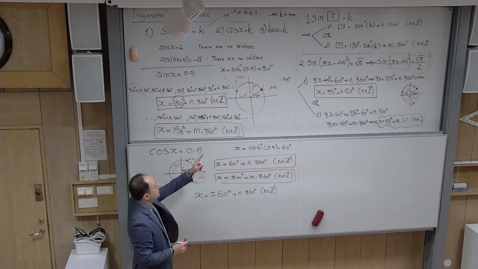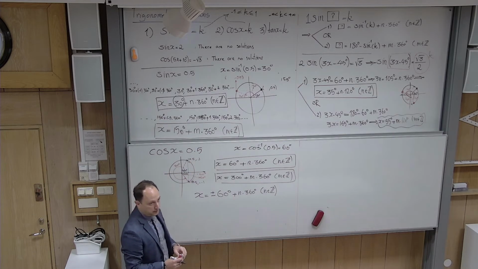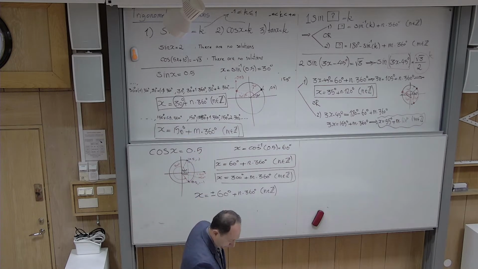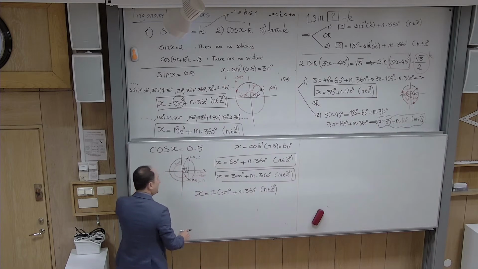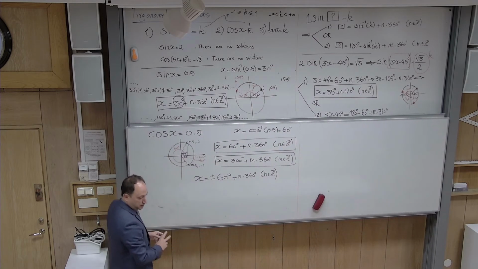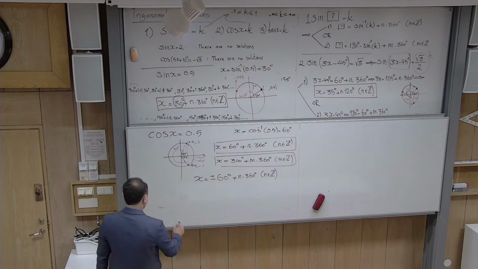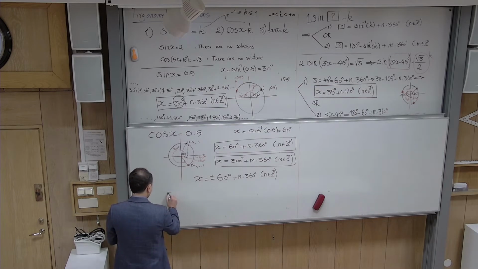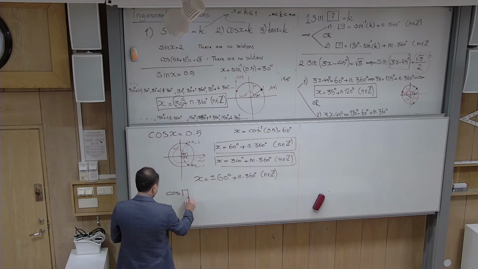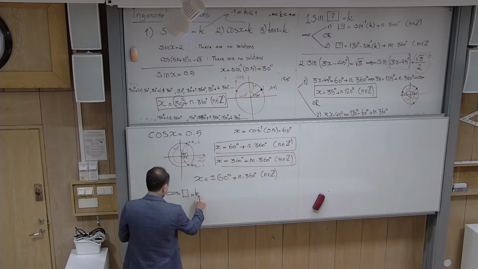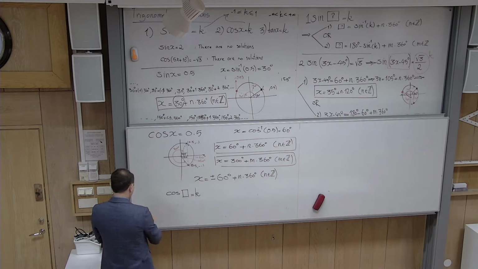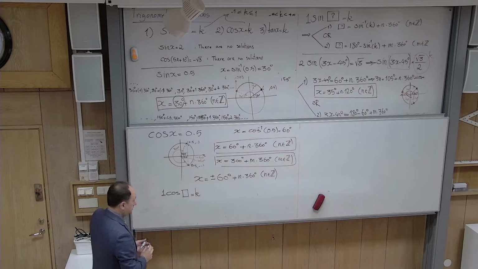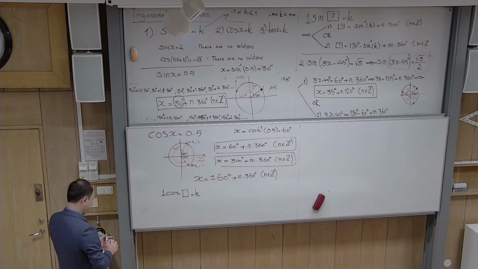Okay, now can you help me to write something similar for the cosine case? Let me write the second formula today that we want to have. I have cosine of a black box equals k, and let me also emphasize that this coefficient has to be 1. If it is not, divide by that coefficient first.